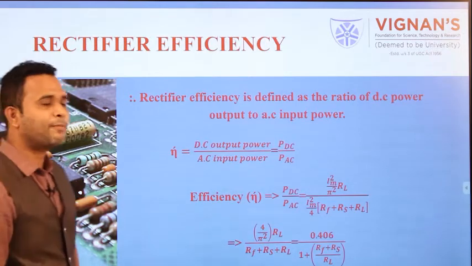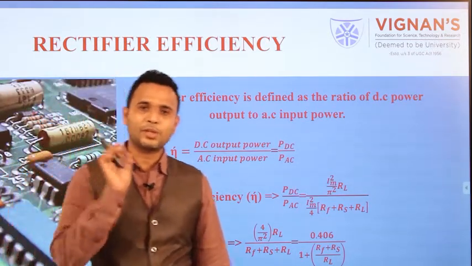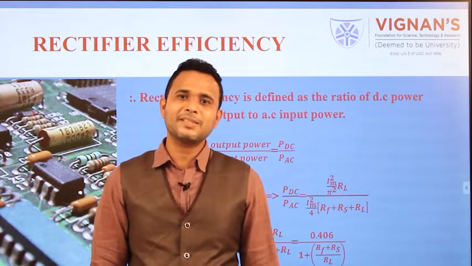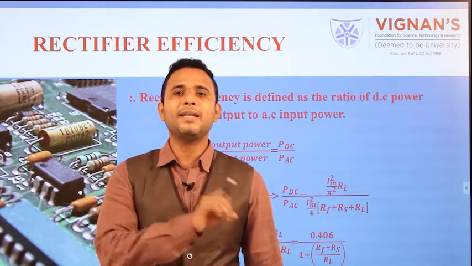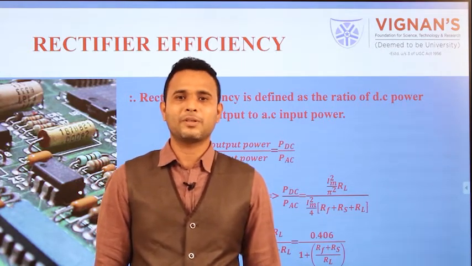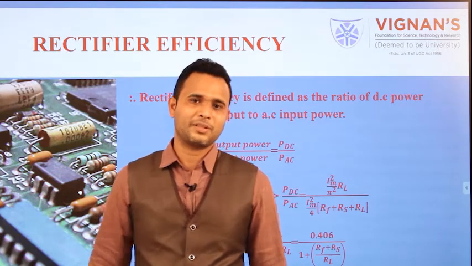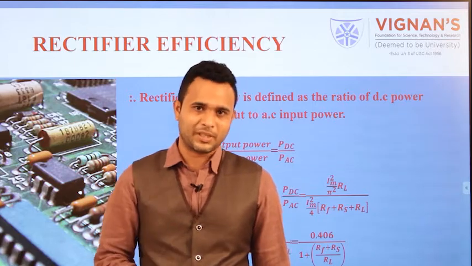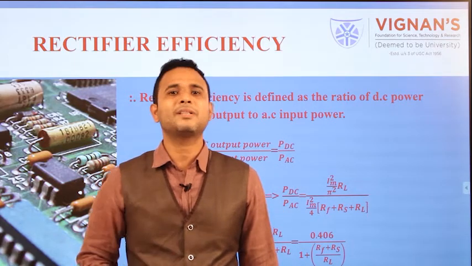Coming to the rectifier efficiency. This is also one of the important things. What is meant by efficiency? Efficiency is the output by input, right? So how can we calculate the efficiency? For example, if you take any subject, how do you calculate your percentage?